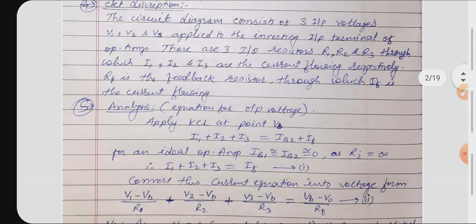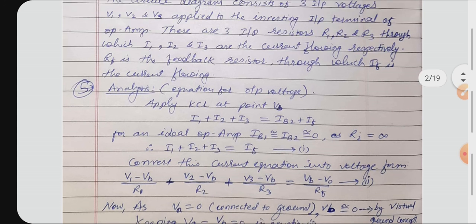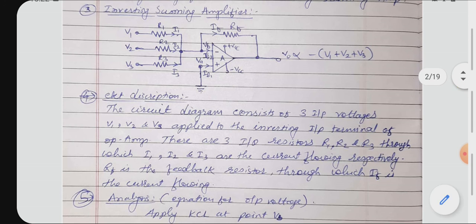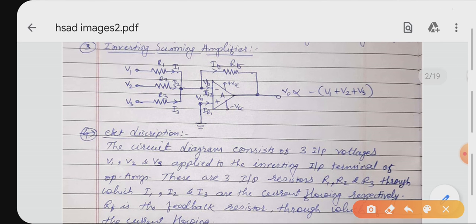How is the analysis of the circuit done? As usual, apply KCL at node VB. Where is node VB? You can see this is the point VB. Summation of incoming currents is equal to summation of outgoing currents. There are three incoming currents, I1, I2, I3, and two outgoing currents, IB2 and IF.